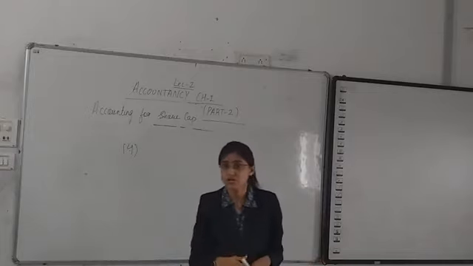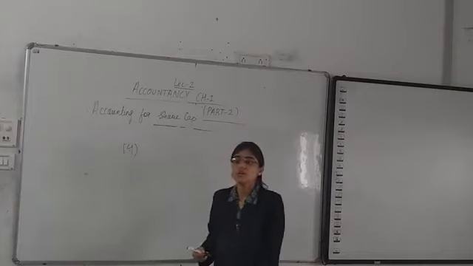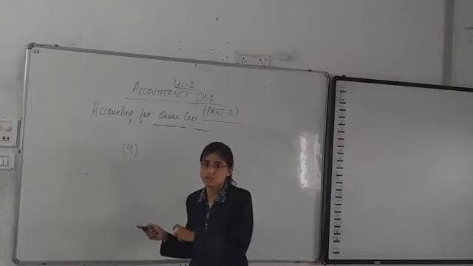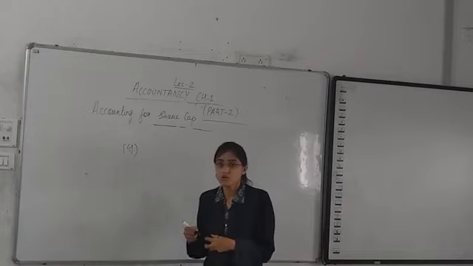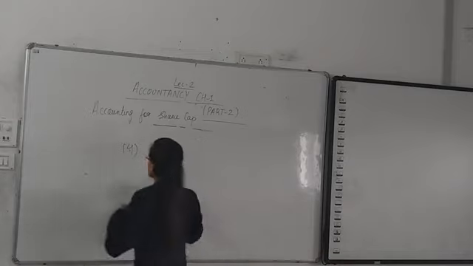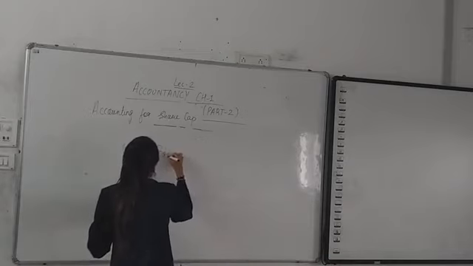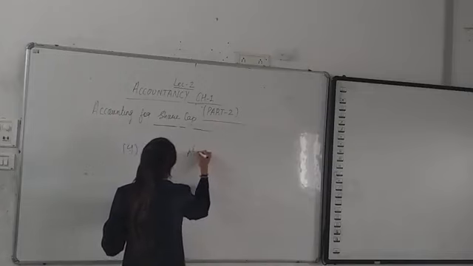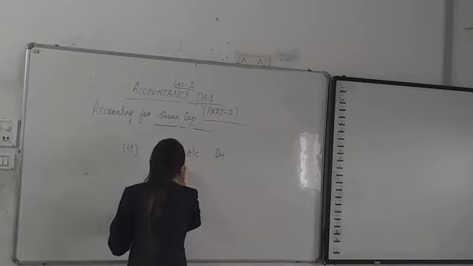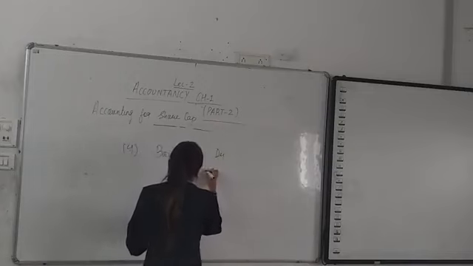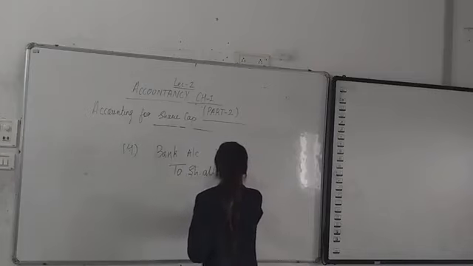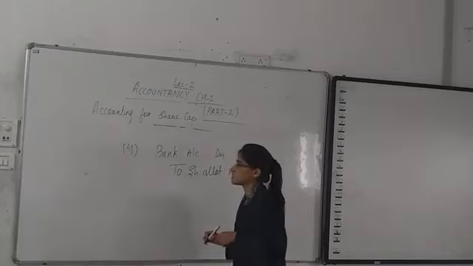I mean the shareholders will pay. So when they pay, what is the journal entry? The amount of allotment is received, so the journal entry is bank account debit to share allotment account. Simple?